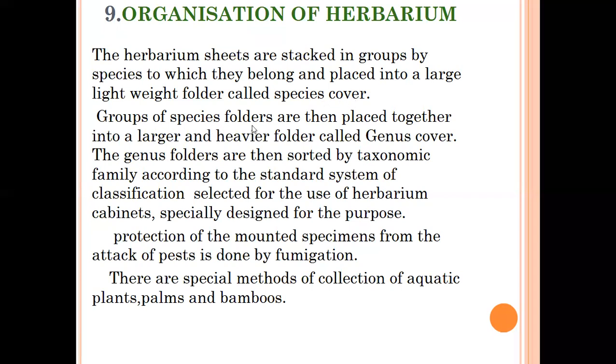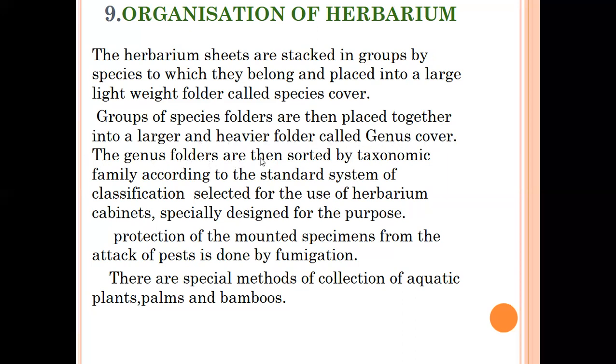Groups of species folders are then placed together into larger and heavier folders called genus covers. Large lightweight folders are called species covers, and large heavier folders are called genus covers.